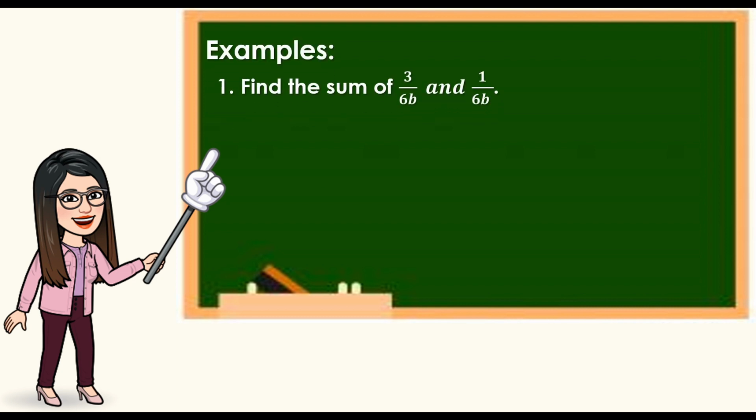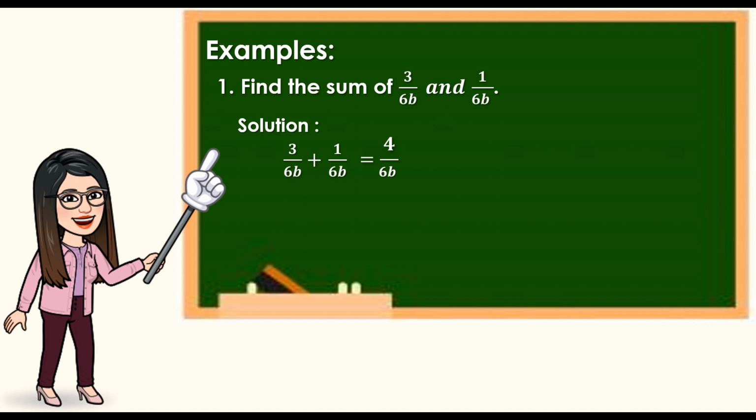Examples. 1. Find the sum of 3 over 6b and 1 over 6b. Okay, let us solve. By rewriting the given expression, it's 3 over 6b plus 1 over 6b. So we can now have 3 plus 1 is 4 over 6b. We just copied the denominator.